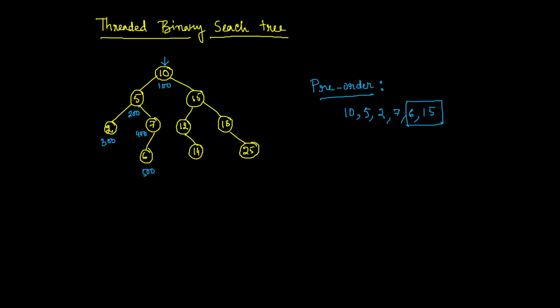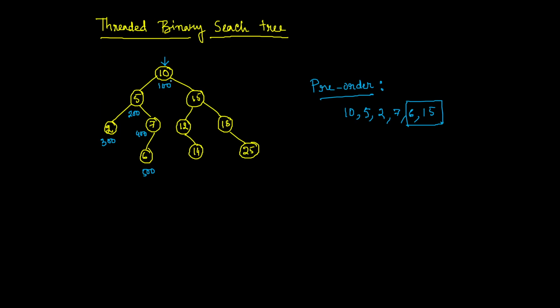When you are jumping from 5 to 7, again the same thing, 200. When 7 to 6, 400, like this. You can store them. And now when you want to go back to the root node so that you can go to 15, and you are standing here, you have to pick up 400, you will come here, then pick up 200, you will come here, then pick up 100 so that you can come here.